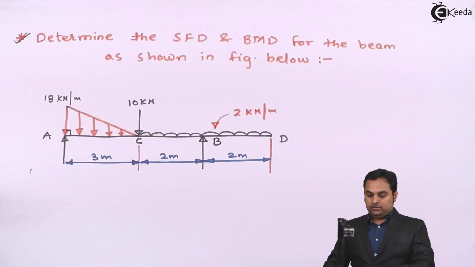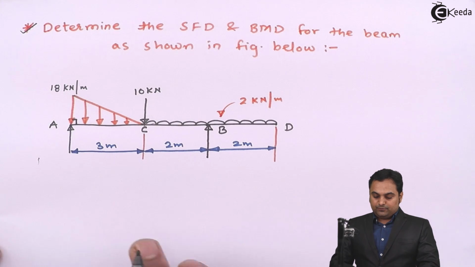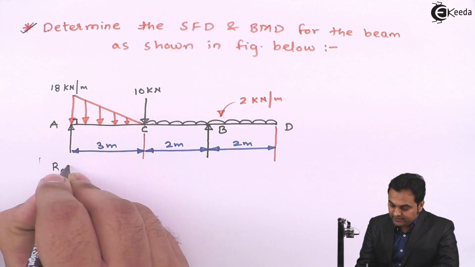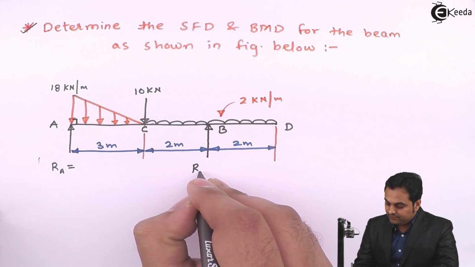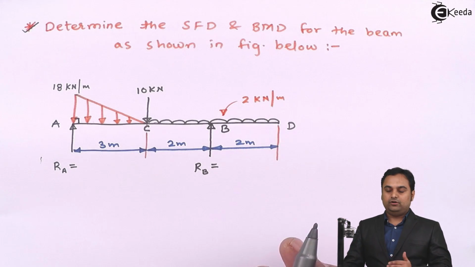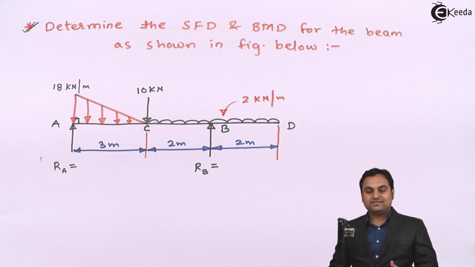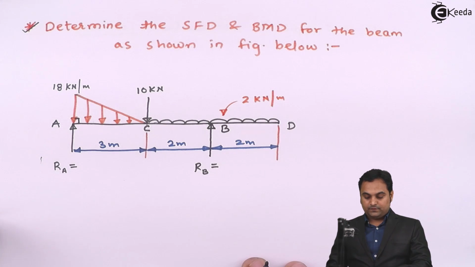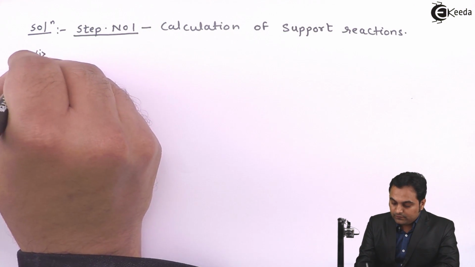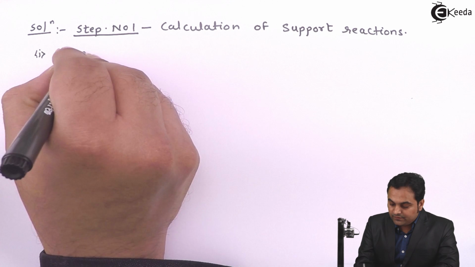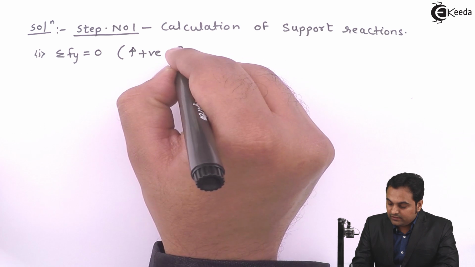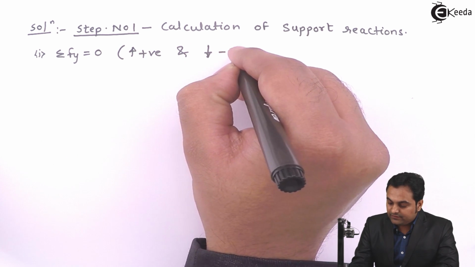Here first of all, if we see this beam, it is supported at A and B, so the reactions will be at A called RA, vertical reaction, and vertical reaction at B called RB. Here there are no horizontal loading, so no need of any horizontal reaction. Horizontal reaction is 0. Then the first condition will be summation of Fy is equal to 0, where upward forces are positive and downward forces are negative.